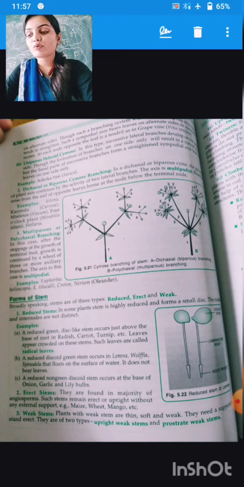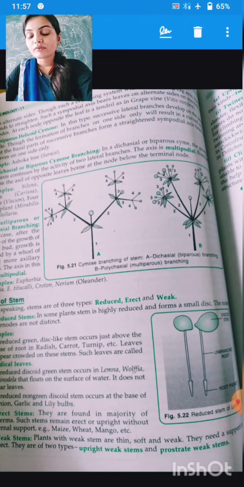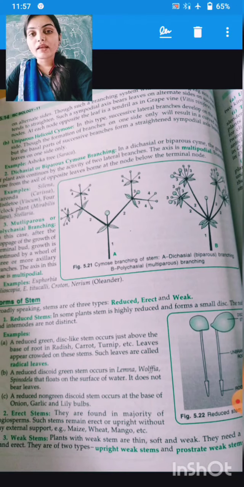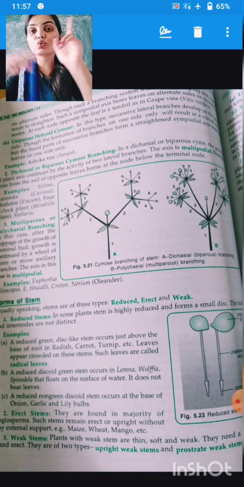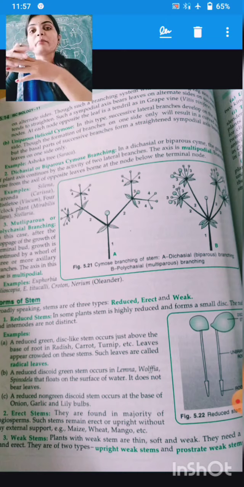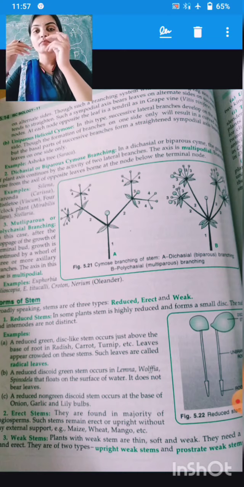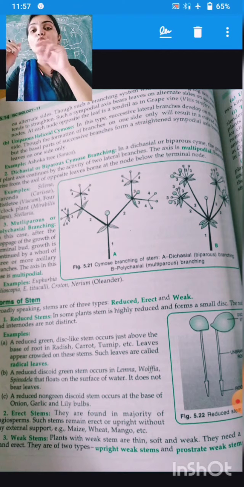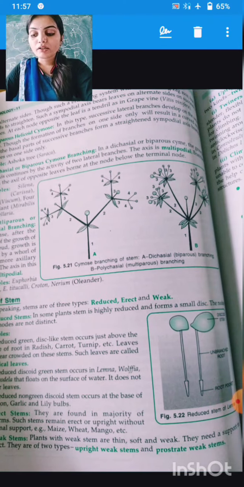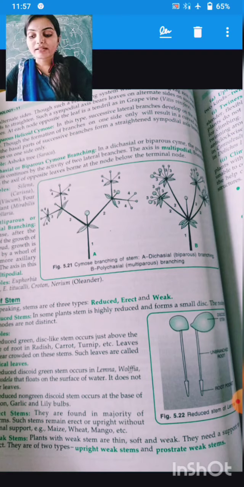Now in this diagram you can see, students, that stem A has two bifurcations, and in each bifurcation there are again two bifurcations. That means at each step the stem is divided into a Y shape. So it is a type of dichasial, that is biparous branching.